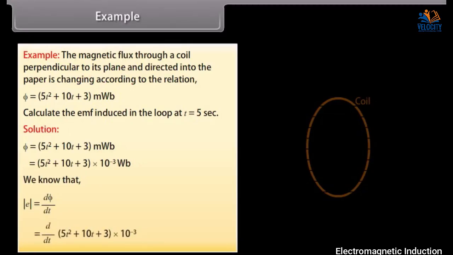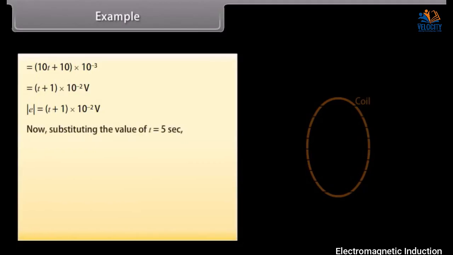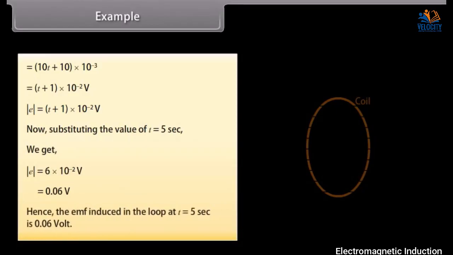By putting the values in this equation we get E is equal to (t plus 1) multiplied by 10 raised to the power minus 2 volt. Now substituting the value of t as 5 seconds, we get E as 0.06 volt. Hence the EMF induced in the loop at t equal to 5 seconds is 0.06 volt.